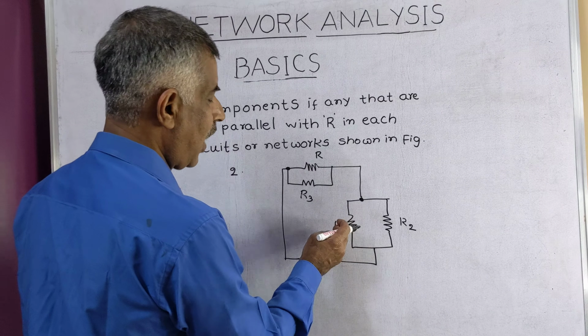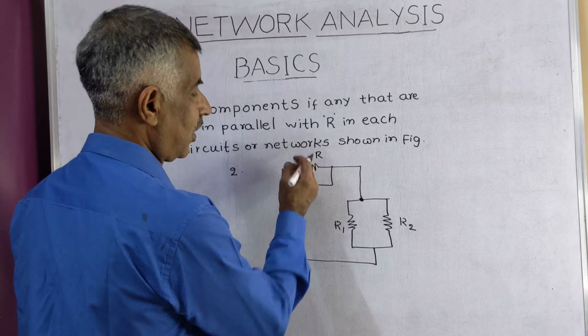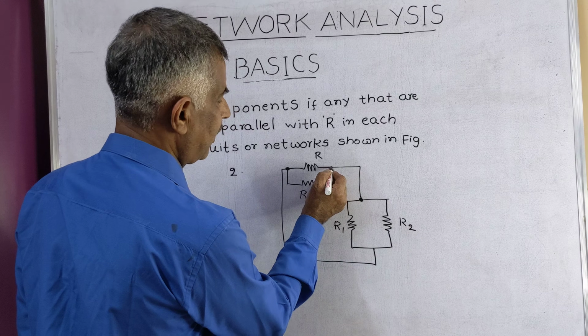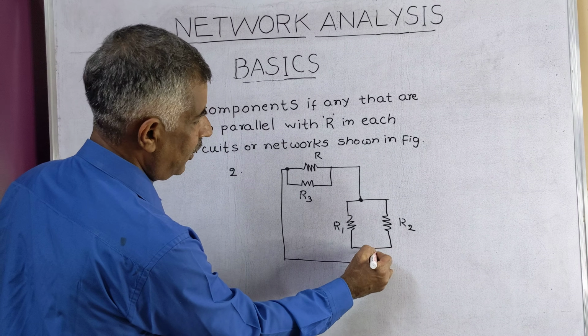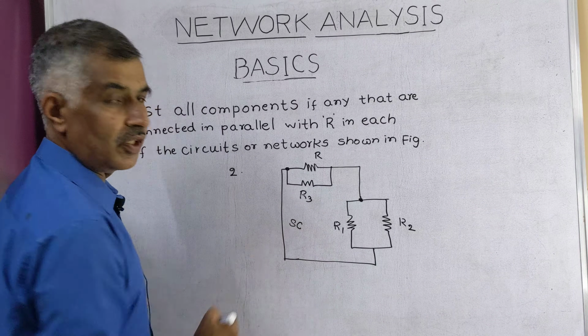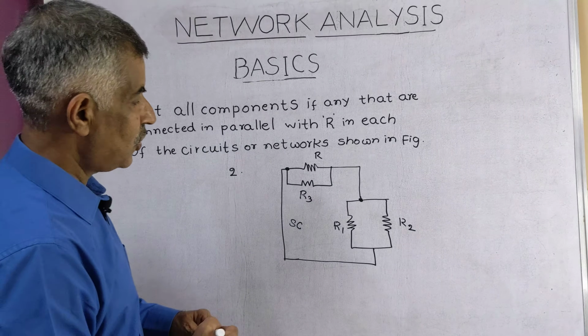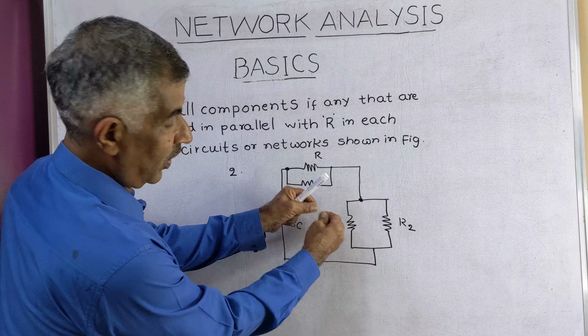Now having shown R1, R2 here, they are still parallel with R. The reason is, this end is common with R, whereas these two ends are connected here, and this is what is called a short circuit. Short circuit means you can bring these two points together.